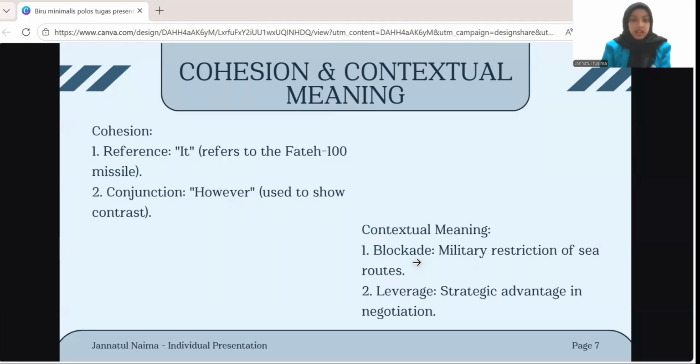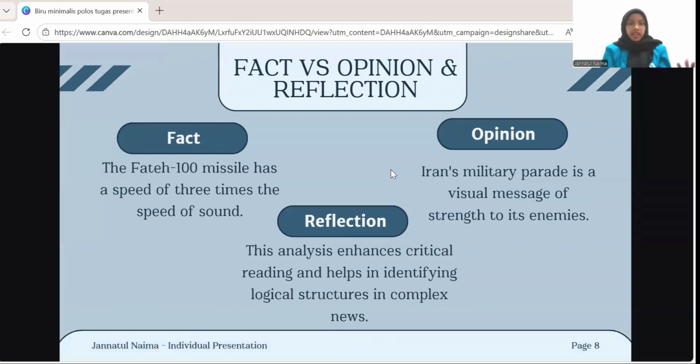I want to explain the facts versus opinion and reflection in this material. In fact, the Fateh 100 missile has a speed of three times the speed of sound. This is a specification that can be verified.